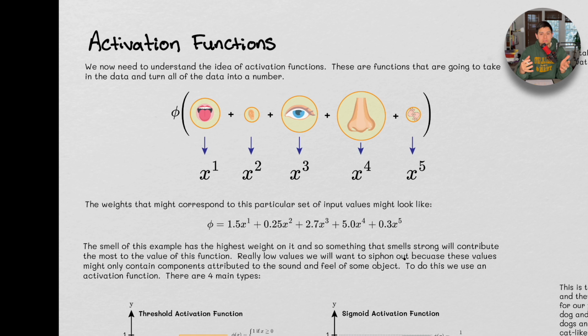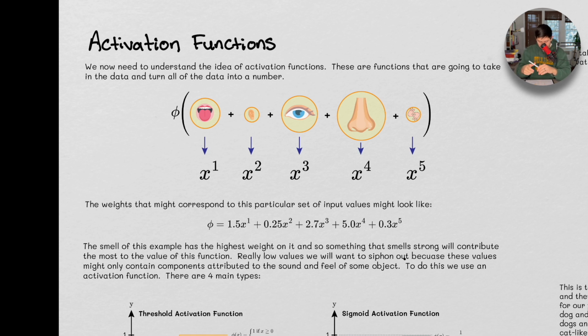Those act as thresholds, right? A certain amount of signal comes from the dendrites. That signal gets passed through the axon hillock, and the axon hillock is like a gate. It only opens when a certain amount of signal gets to it, and if that signal surpasses some point, then the axon hillock is going to open the floodgates, if you will, and the information is going to propagate down the axon. In a very similar way, that's how these activation functions are going to work.